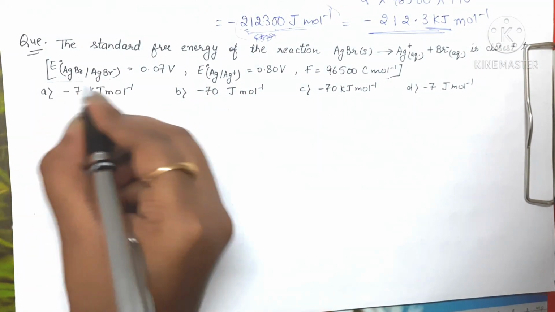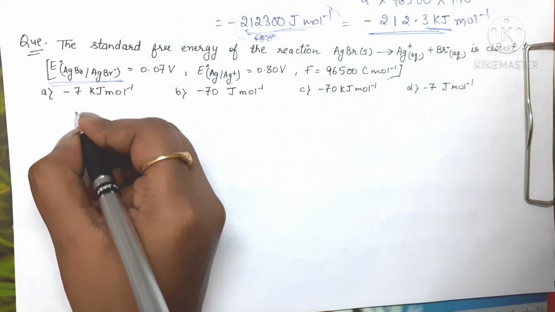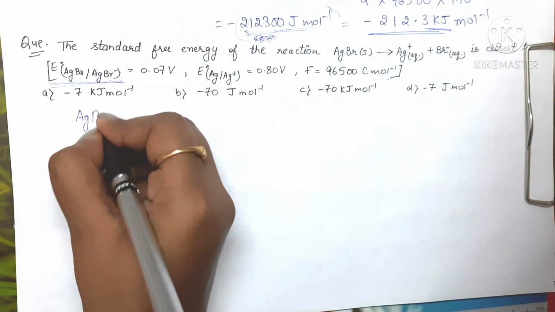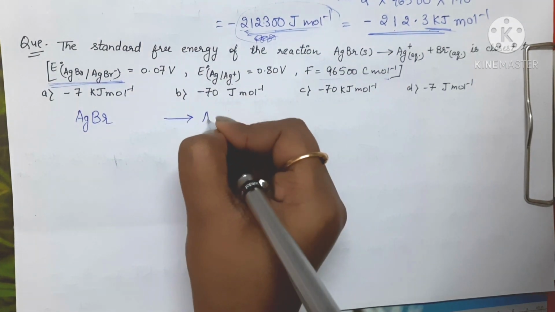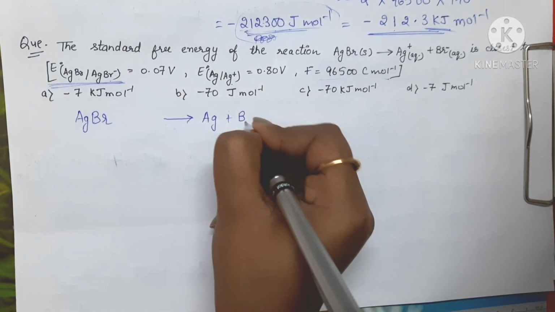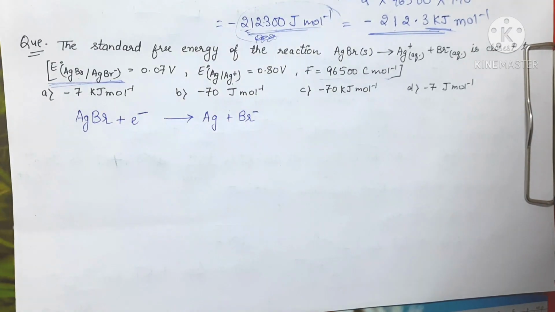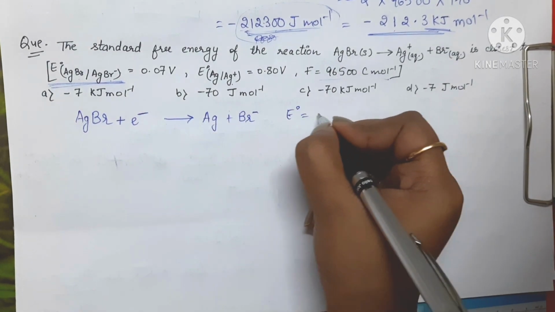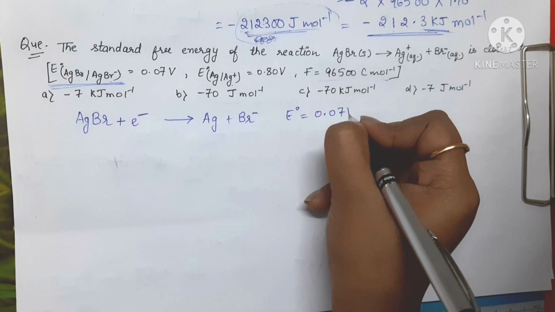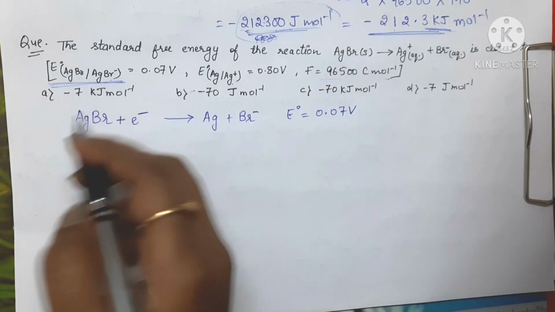Okay, so first for this we'll try to write down the equation. It will be AgBr, giving us Ag plus Br negative. Definitely it has used up one electron, right? For this equation, E naught value is given to us as 0.07 volt. This is the first electrode reaction.